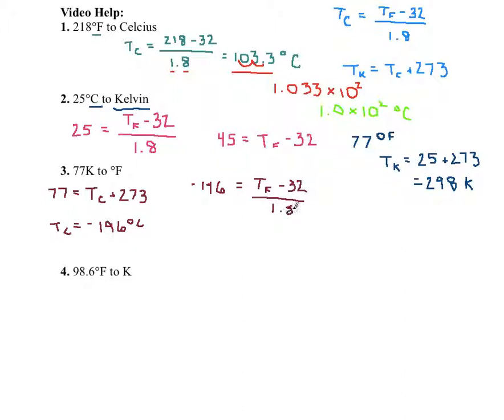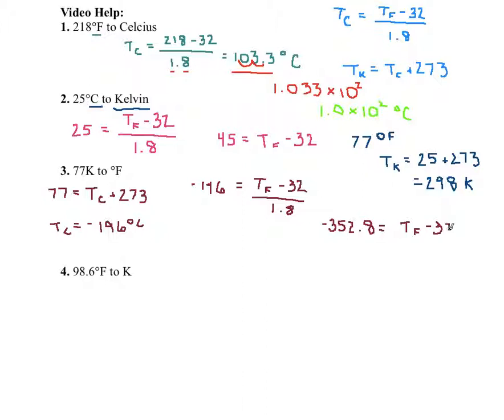So the first thing I want to do, multiply the negative 196 by 1.8. And I get negative 352.8. So again, remember, don't round until the very end. So I'm going to keep it unrounded, it's fine. Equals TF minus 32.